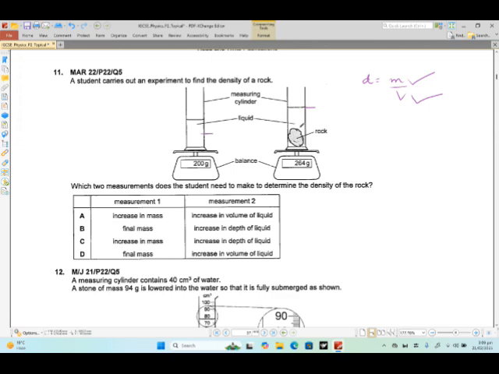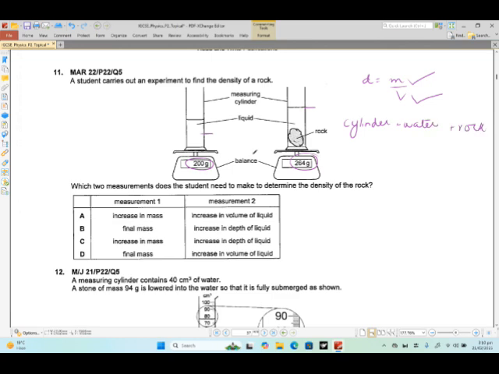So we have the weight over here, and the weight of the cylinder plus the water before is also over here. So what should we do now? The balance now shows the mass of the cylinder plus water plus rock.